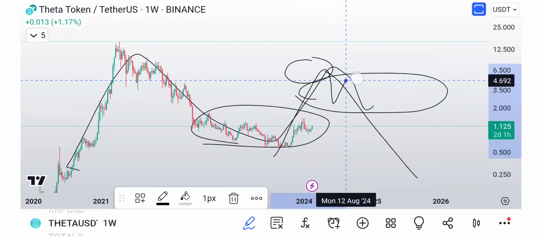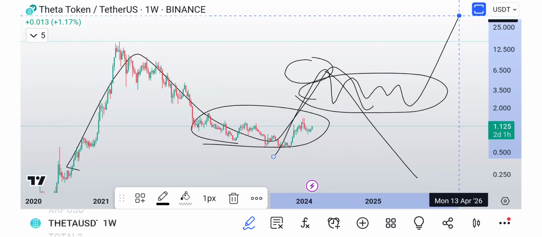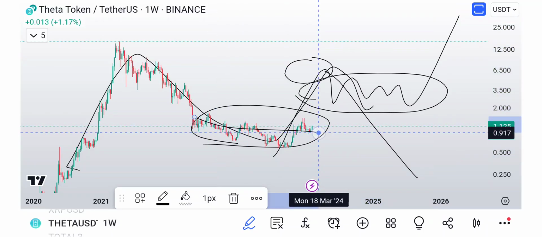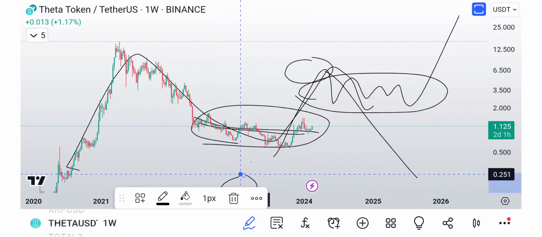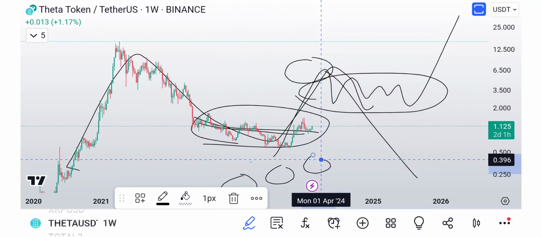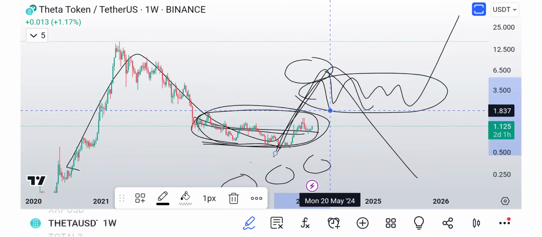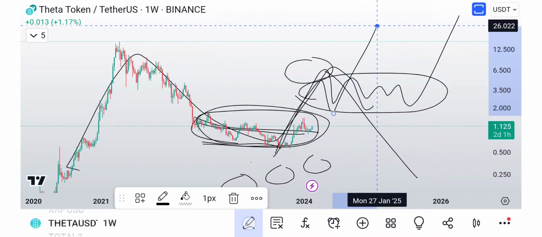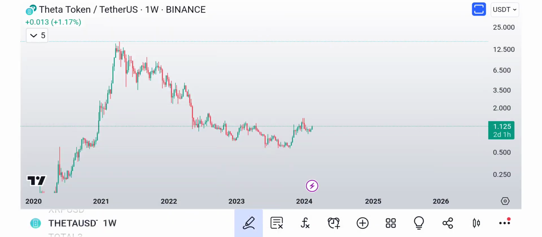So you break out, you have another base, and then you continue to roll. You wouldn't need another base because of how big these bases are. Look how big that is, right? Like for Bitcoin, you had these 3 miniature bases. Where Theta, you have a big base, you break out, and that could be all it needs for another breakout to a new all-time high, right?